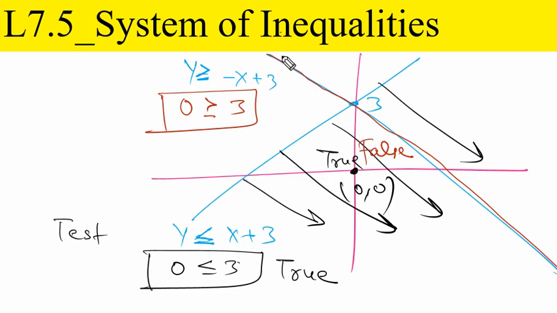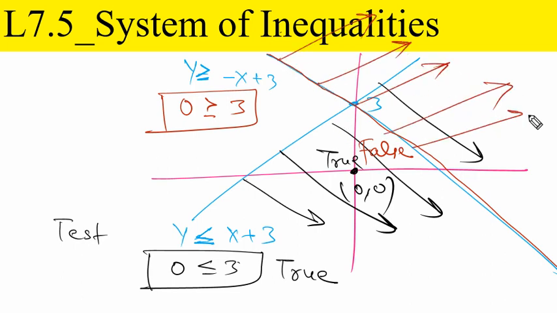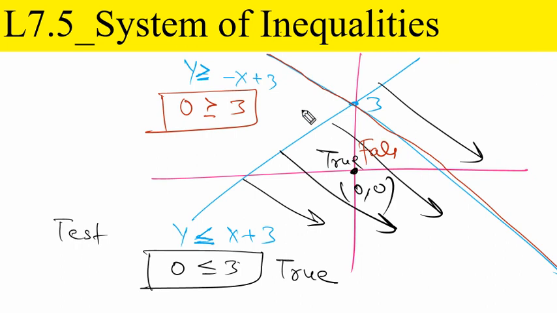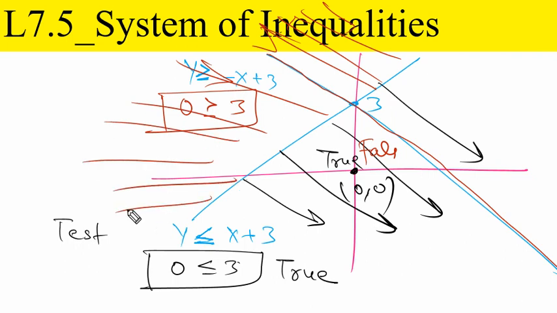If this is false, you will shade towards this side. That's how it works. This was false, so you will shade towards this side. So that's how it will work.